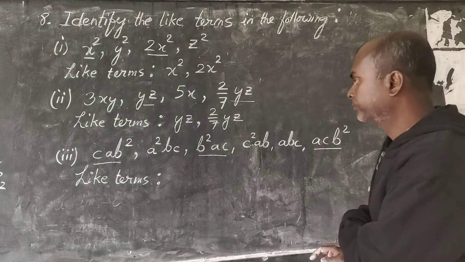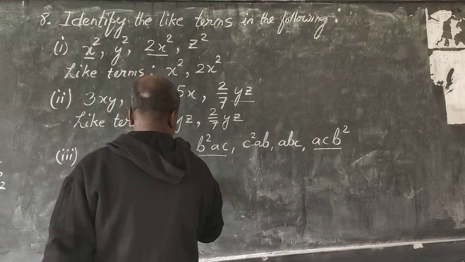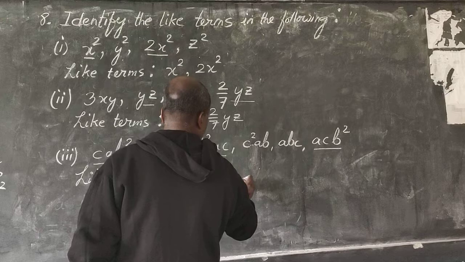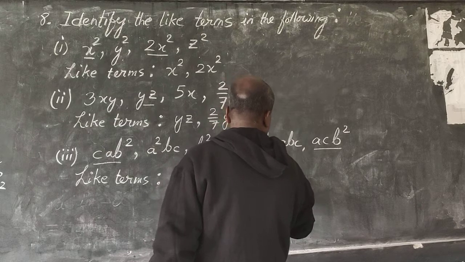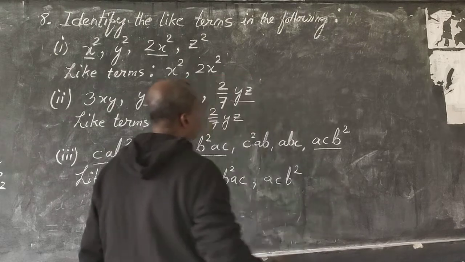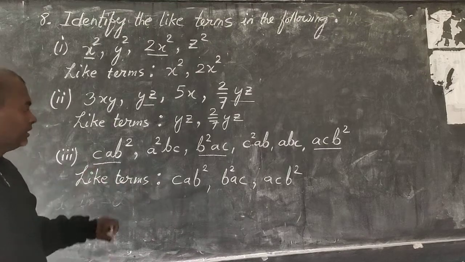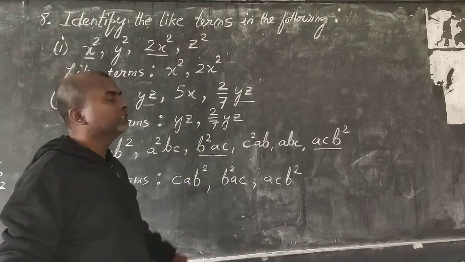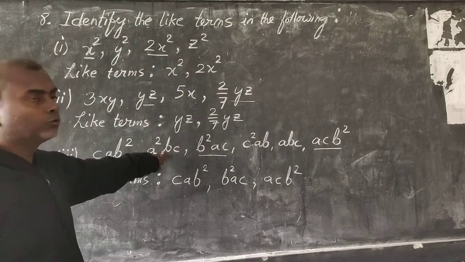No. So the like terms are C A B square, B square A C, A C B square. In this one it might be a little confusing to you. You might say, sir, all of them have C, A, B. But in this one B is given 2 times, here B is only 1 time.